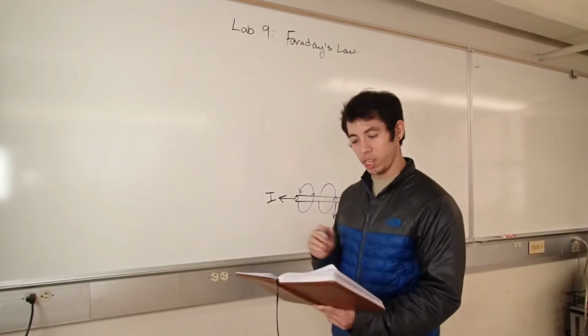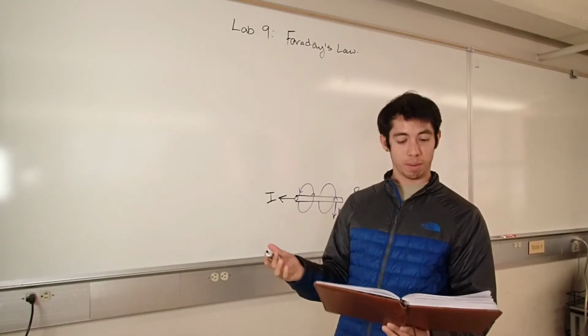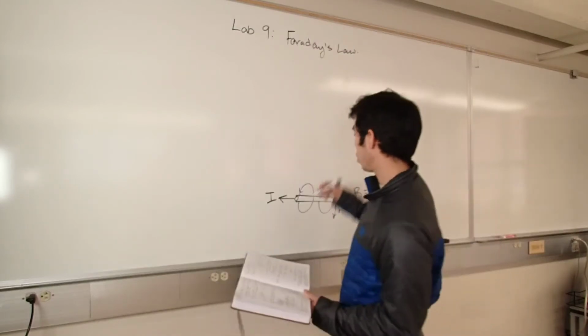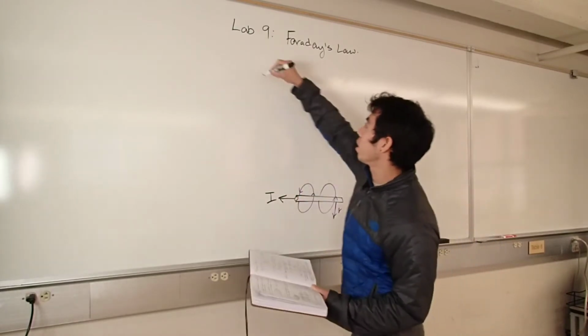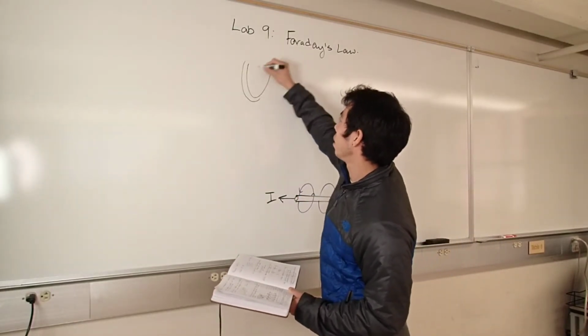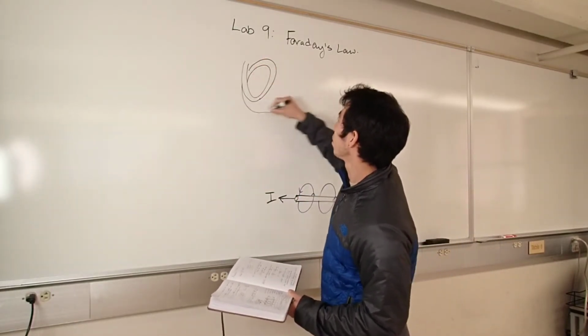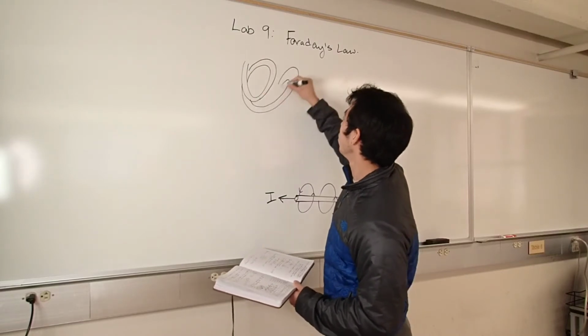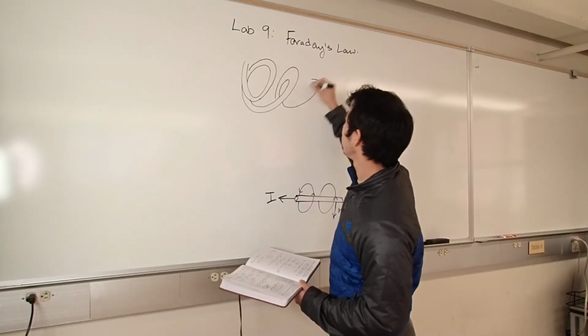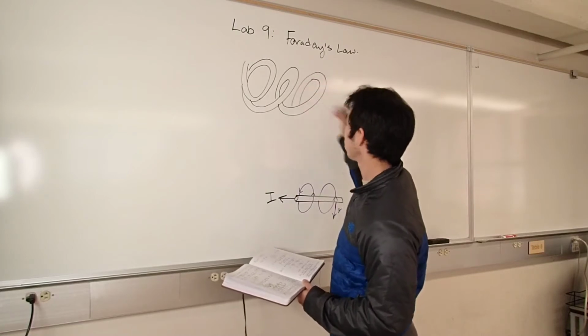If we change the geometry of the wire, we change the geometry of the magnetic field. Just pretend we're taking the same wire and wrapping it around like this into a kind of coil.